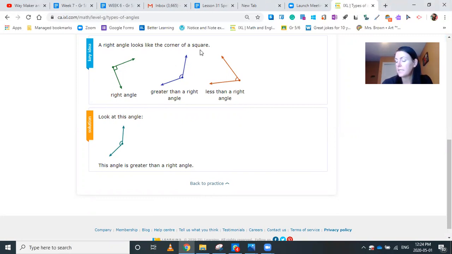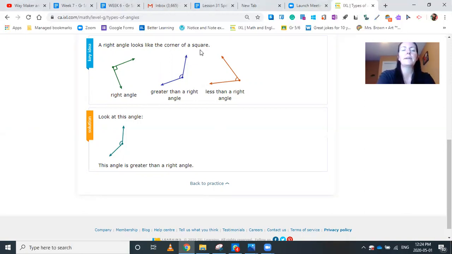If you take a page and tear off the corner, as long as it's not too curly because it might be an old page, this is a perfect right angle, and this is a great tool to use when you are trying to figure out if your shape has a right angle or not.